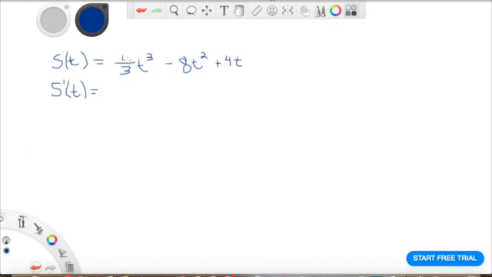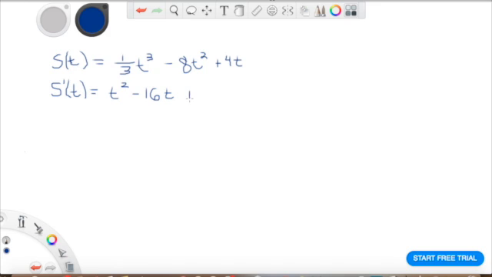So 3 times 1/3 is just 1. 3 minus 1 is 2, so that's t squared. And then 2 times -8 is -16, and then 2 minus 1 is just 1, so that's 16t.